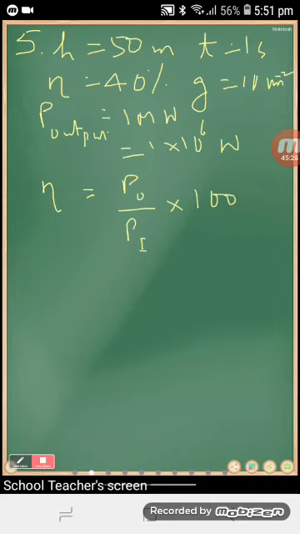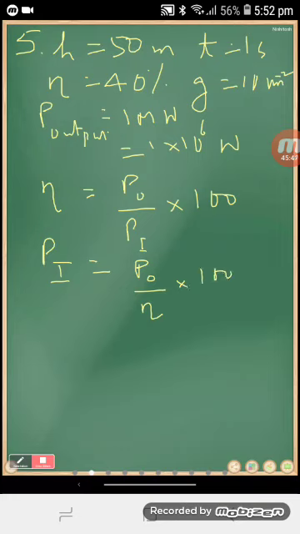Efficiency is given as 40%. I'll change the formula here and then put the values. PI becomes PO upon efficiency into 100. PO is 10 to the power 6 upon 40 into 100.